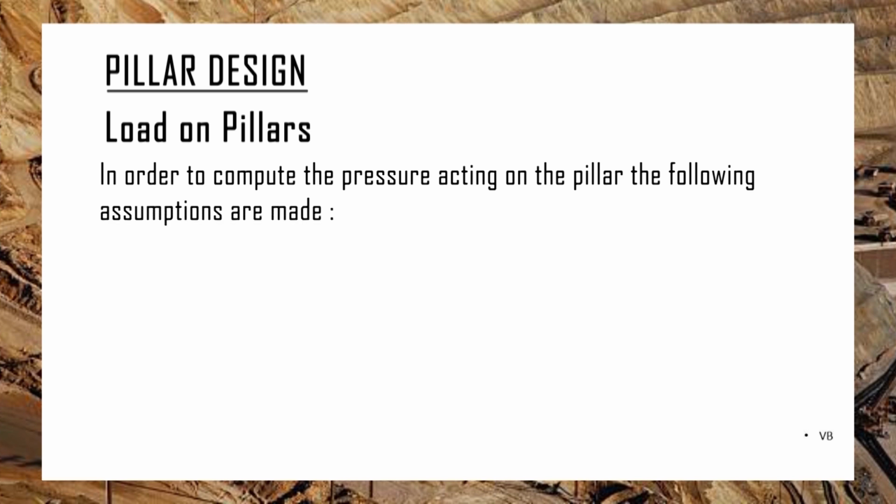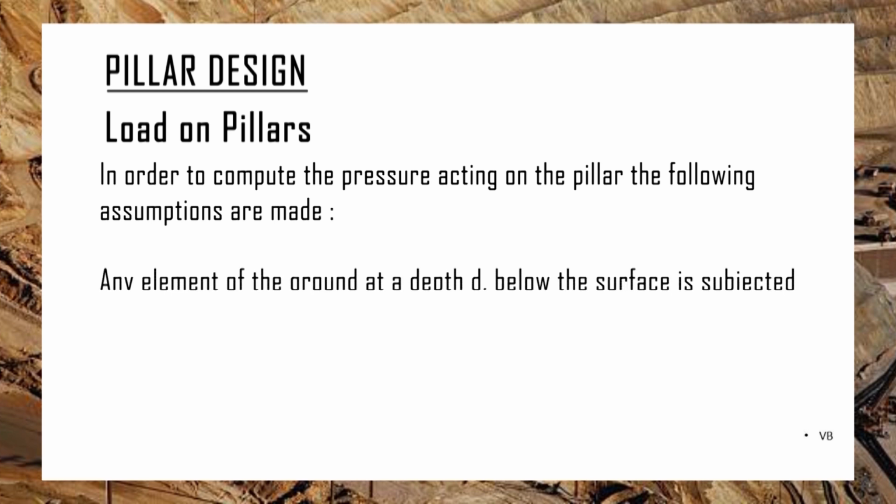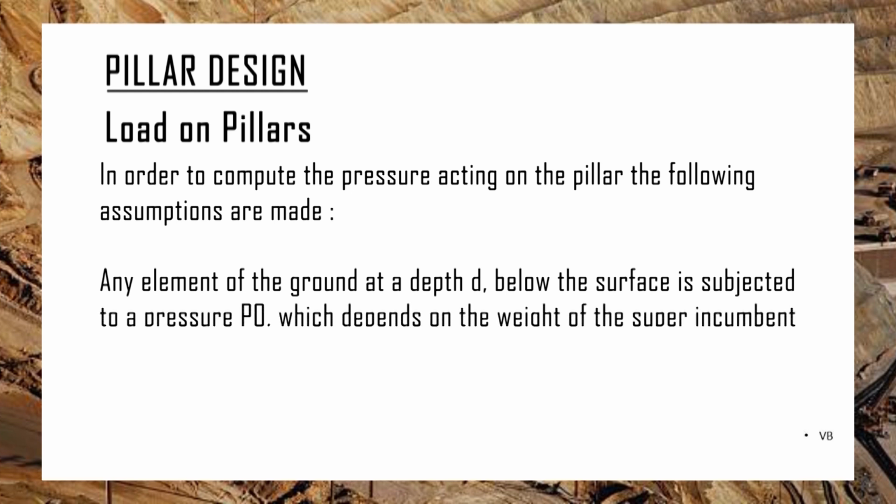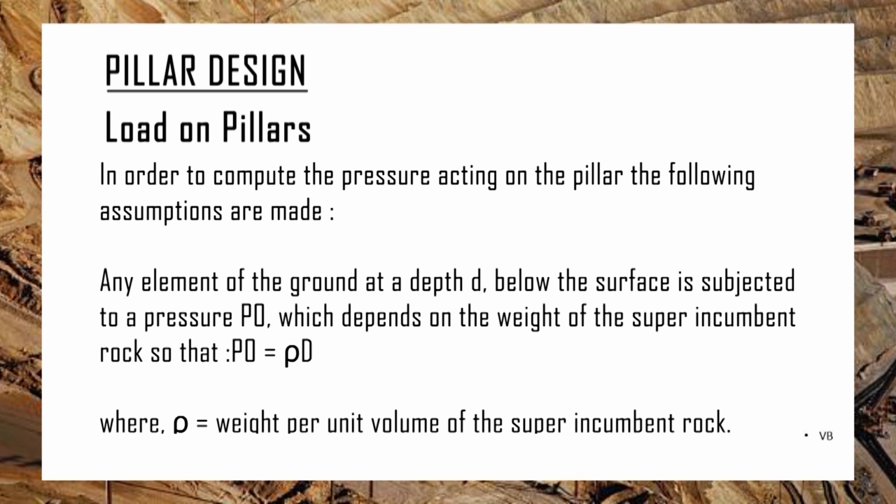First, any element of ground at a depth d below the surface is subjected to a pressure P0, which depends on the weight of the superincumbent rock. So, P0 is equal to rho d, where rho is the weight per unit volume of the superincumbent rock.